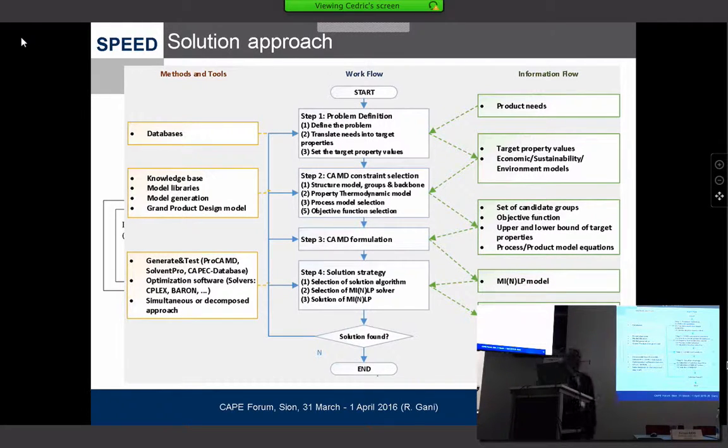Another form, like I showed you, we can do generate and test. We generate the molecules, we test them. Or we can send it to an optimizer with all the mathematical equations and let the optimizer solve it. So we have all three options that we can do, including hybrid, where we combine different options, meaning that we can get better estimates with the database search and generate and test and then solve the optimization problem.